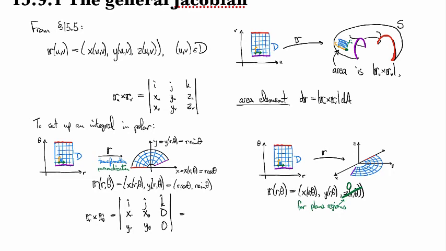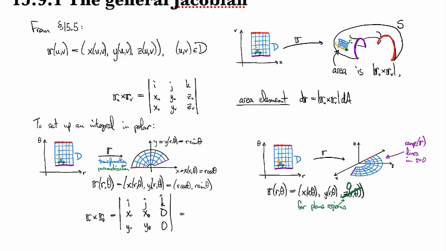This lives in z equals 0, and by that I mean the range of our parametrization, the range of our transformation.